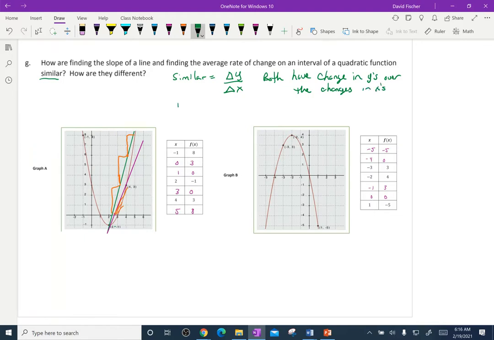How are they different? If I did a line that was just a straight line, all this on a line, the slopes will be the same.